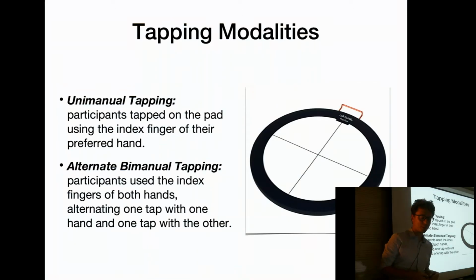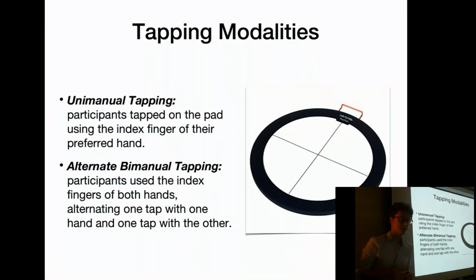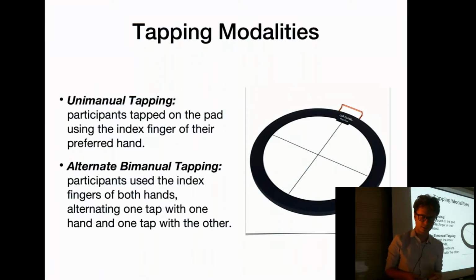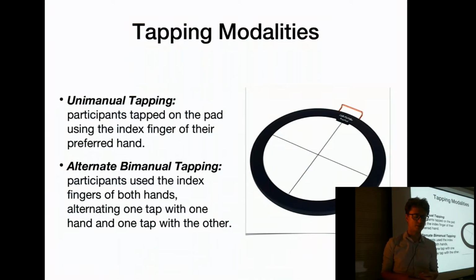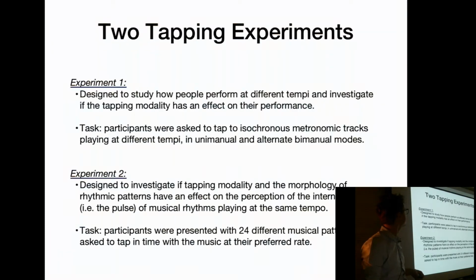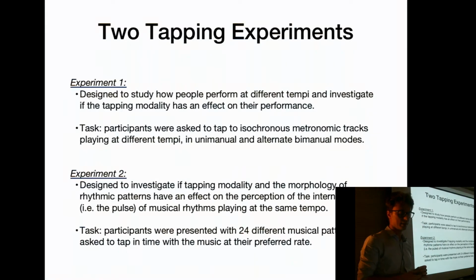For these studies, we employ two tapping modalities. The first is unimanual tapping, tapping with your preferred hand using the index finger, and the other modality is called alternate bimanual tapping, meaning alternate tapping with left and right index fingers. The two studies we carried out are designed to study how people perform at different tempi.